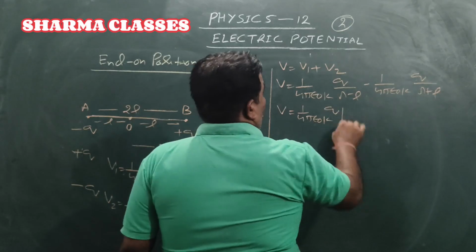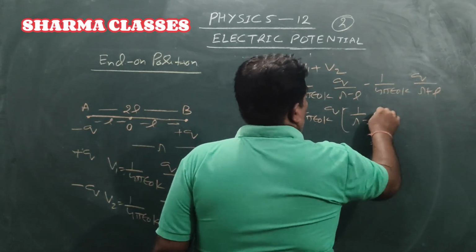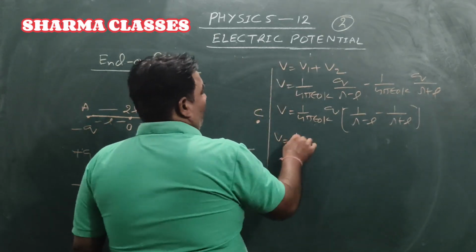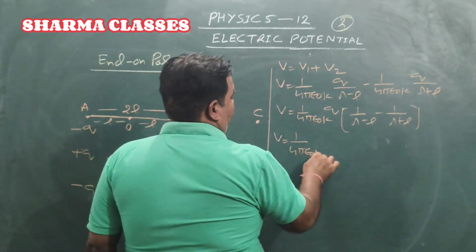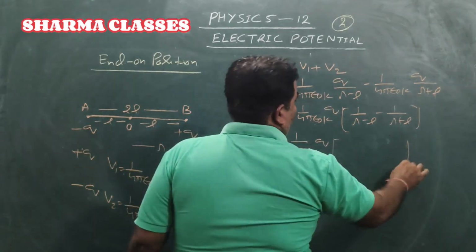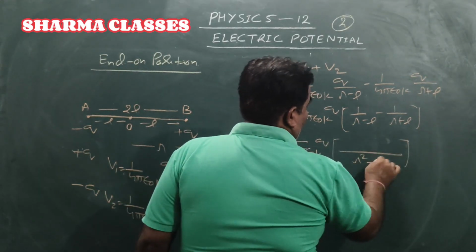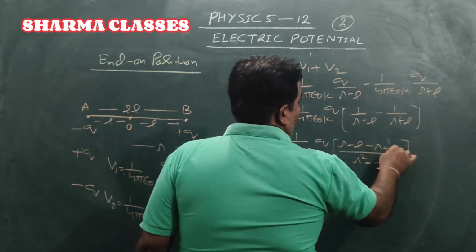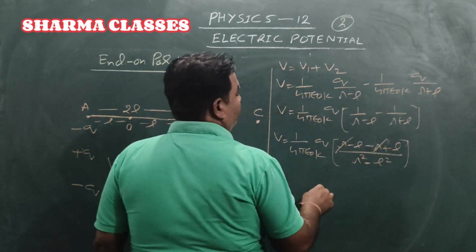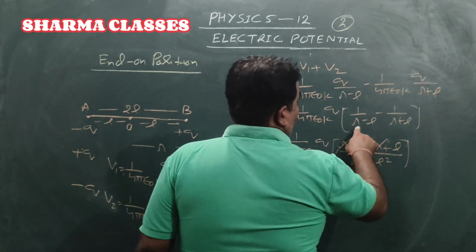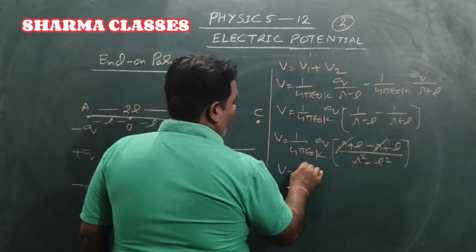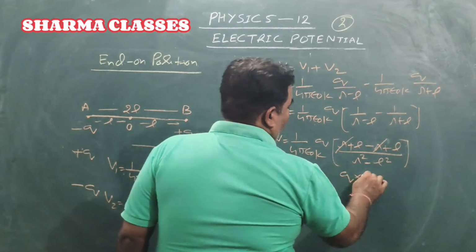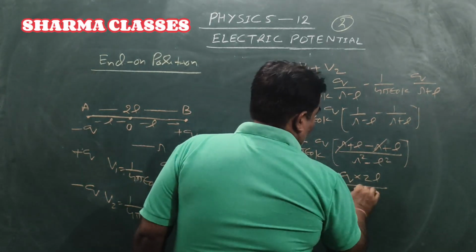Q as a common factor, 1 upon R minus L, minus 1 upon R plus L. V is equal to 1 upon 4 pi epsilon naught K Q, taking R square minus L square as the LCM, multiply that. This is R plus L minus R plus L, R cancels out. V is equal to 1 upon 4 pi epsilon naught K, Q into 2L upon R square minus L square.